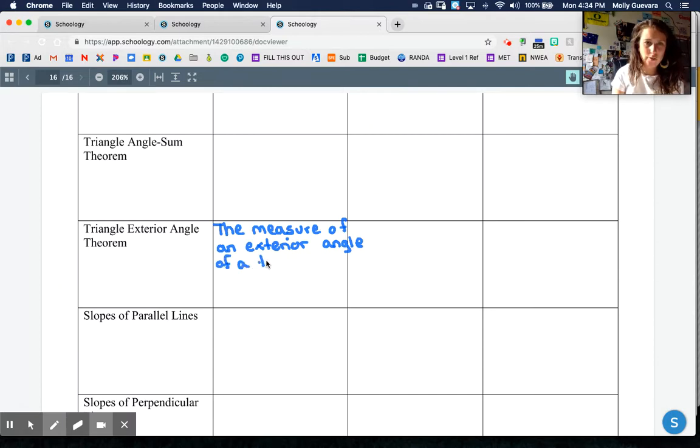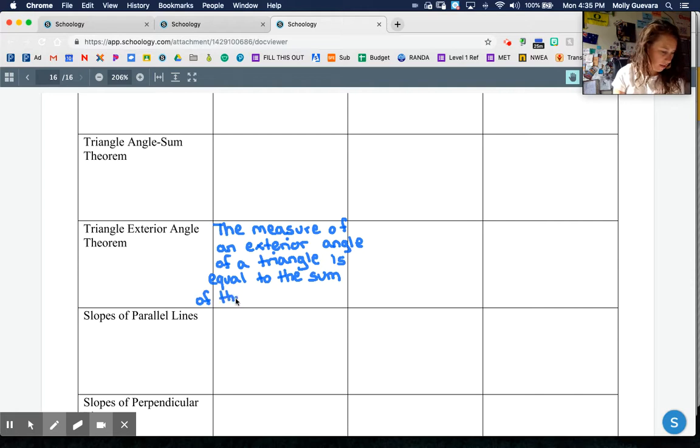So it doesn't work for all polygons, only triangles, is equal to the sum.